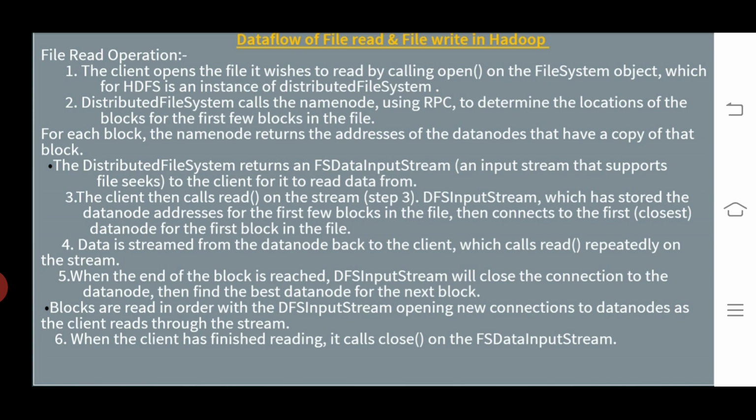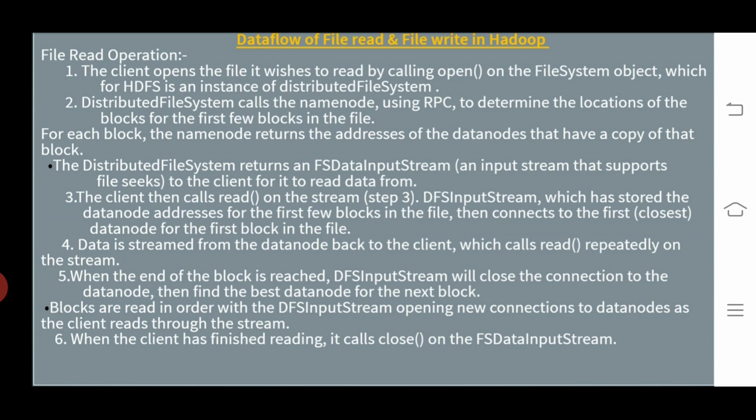Then in step 4, we learn that data is streamed from the data node back to the client, which calls the read function repeatedly on the stream.